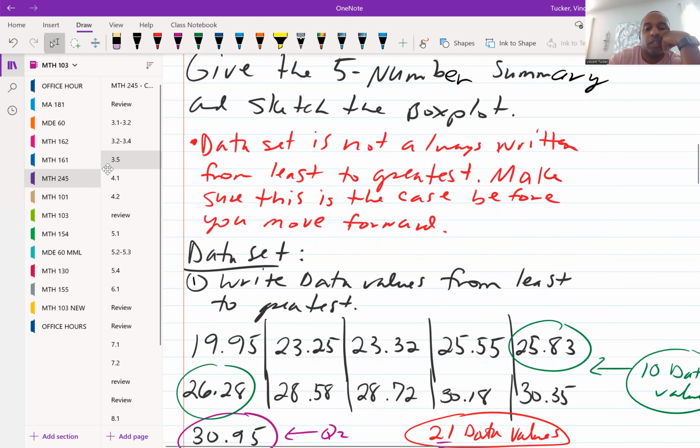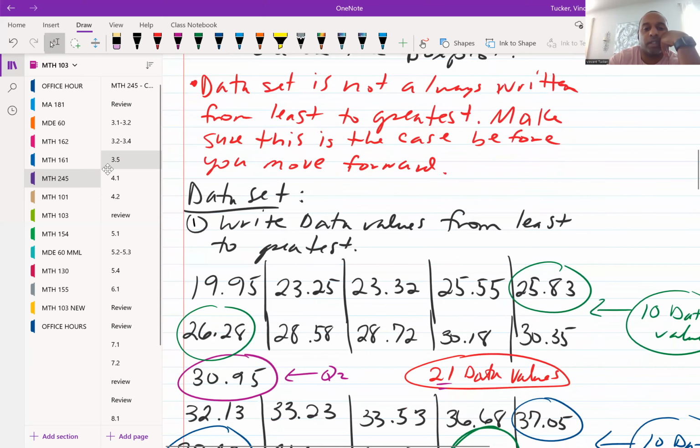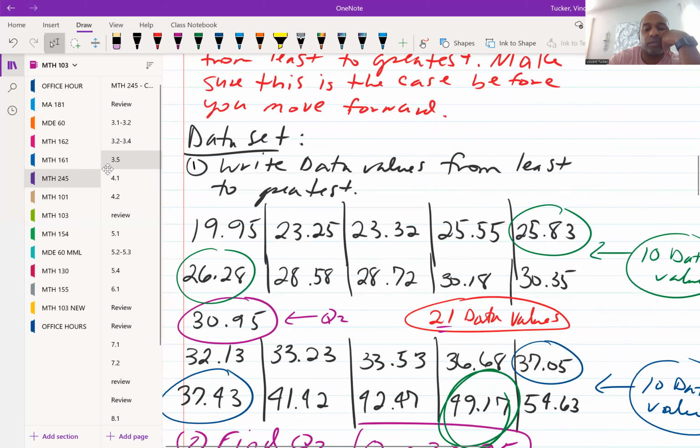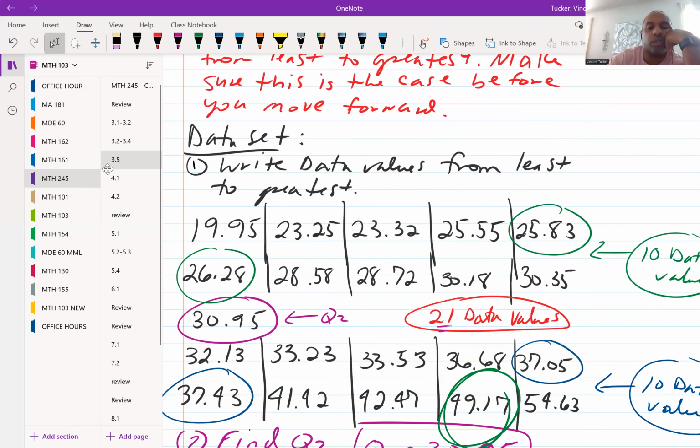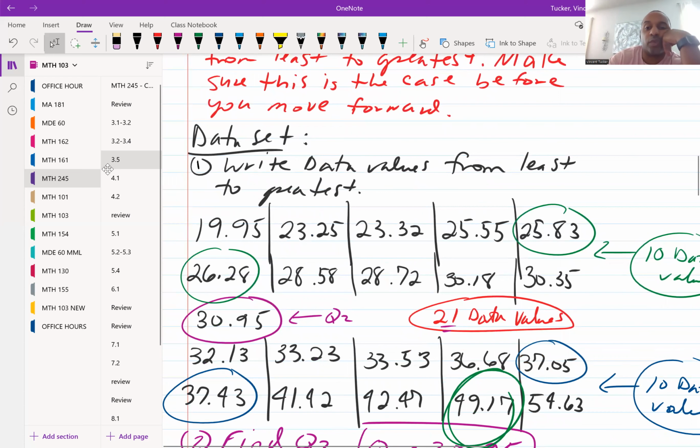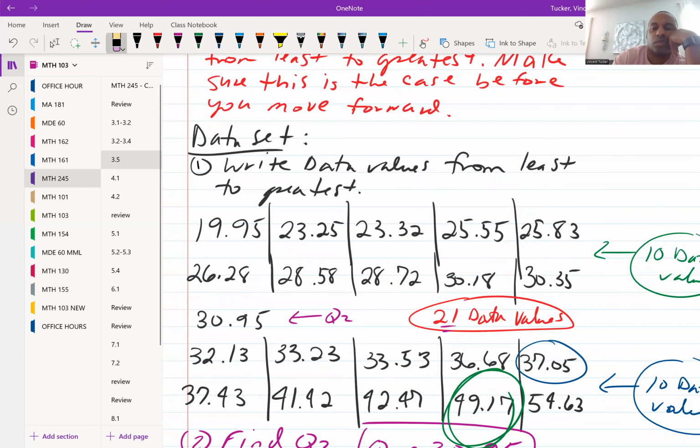So once again, I went ahead and wrote my data set from least to greatest before we got on the board. We have 21 data values here. I set mine up where I wrote half my data here, half my data here.